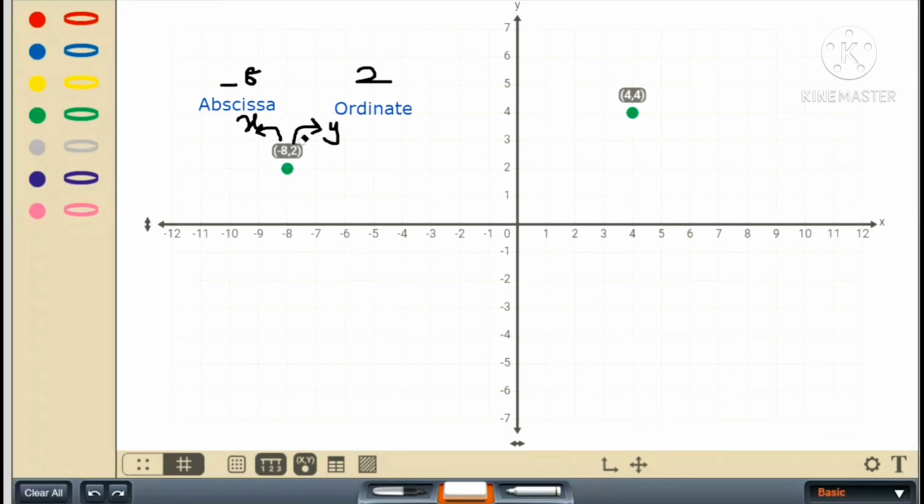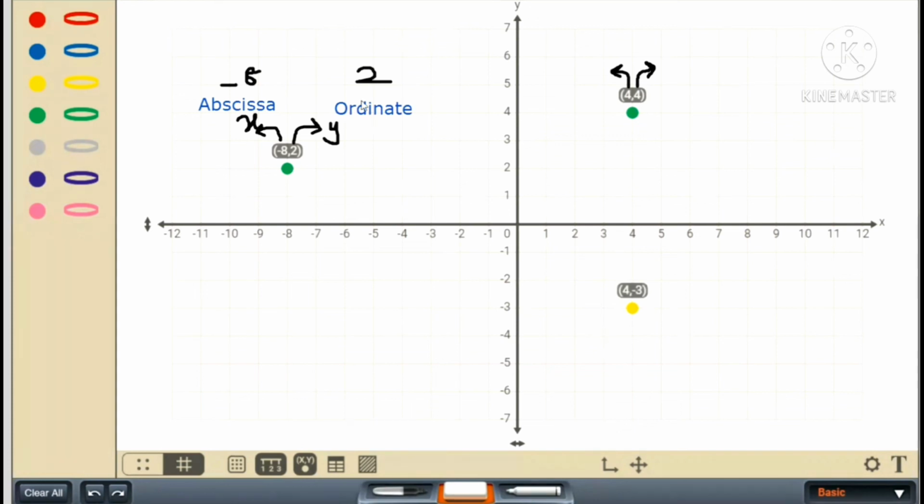Let's see one more example like this. I'm going to take a point in the first quadrant: 4, 4. So 4 is the abscissa, 4 is the ordinate. Now I'm going to plot a point in the fourth quadrant: 4, minus 3.